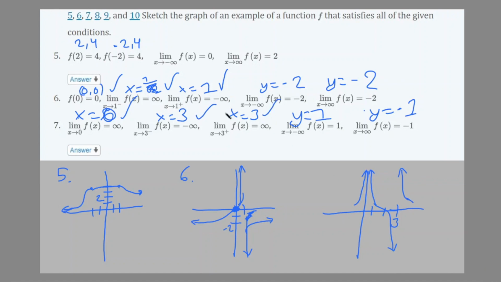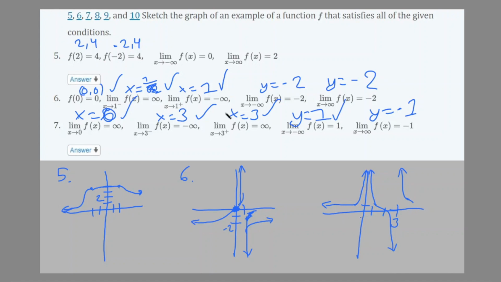Now we gotta do the horizontal asymptotes. So as the limit as x goes to negative infinity, we reach a y value of 1. So let's say 1 is right here. So this would just be your horizontal asymptote. So we're done with that. And then as the limit as x goes to infinity, y goes to -1.